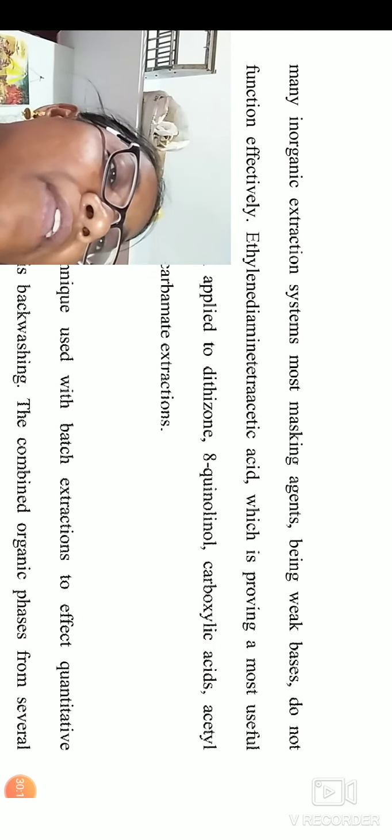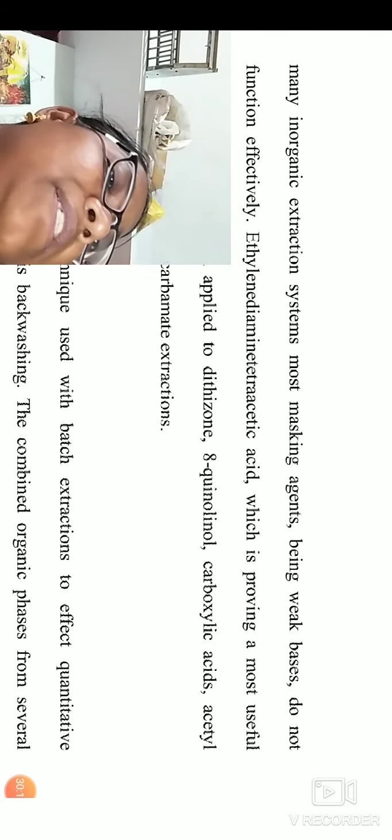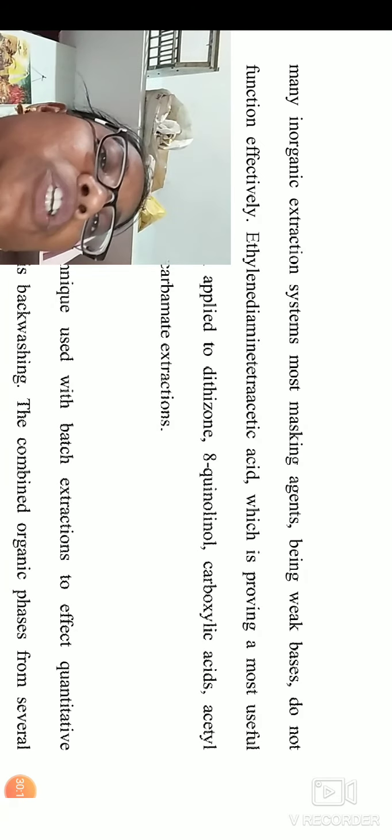Most masking agents, being weak bases, do not function effectively.